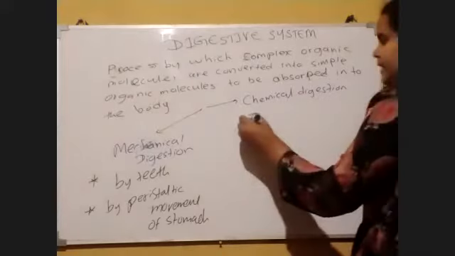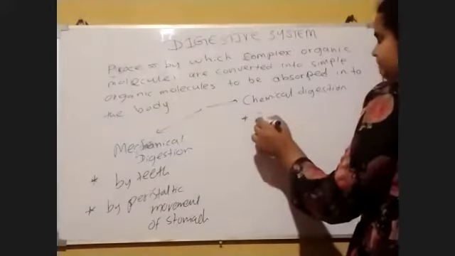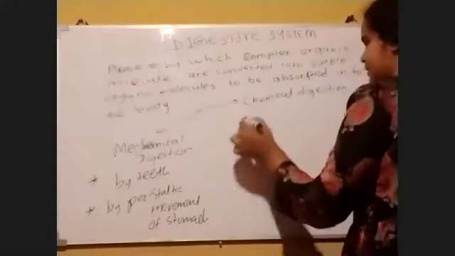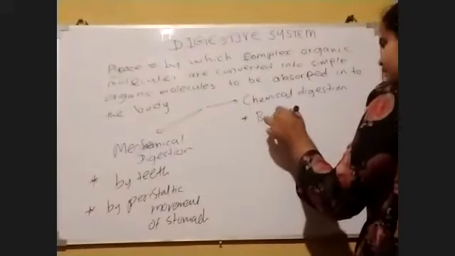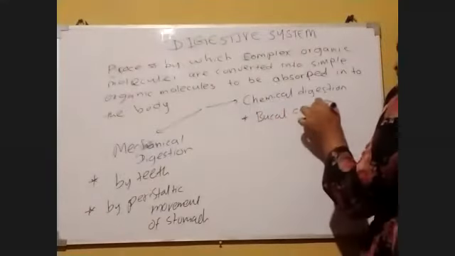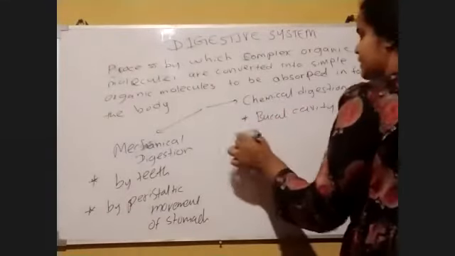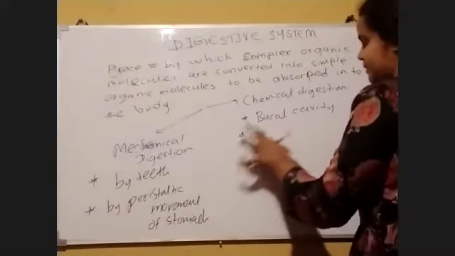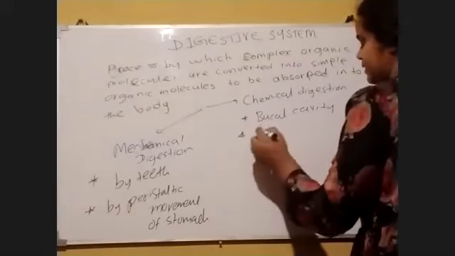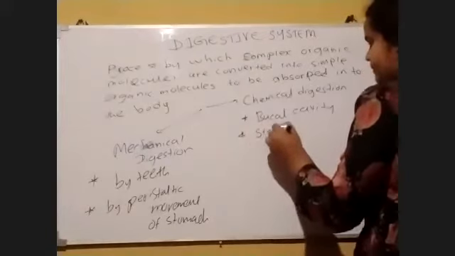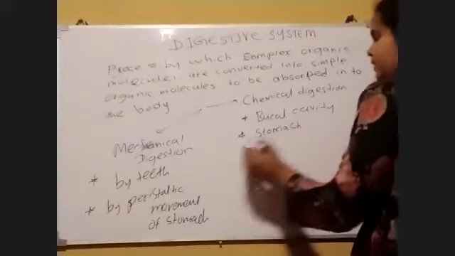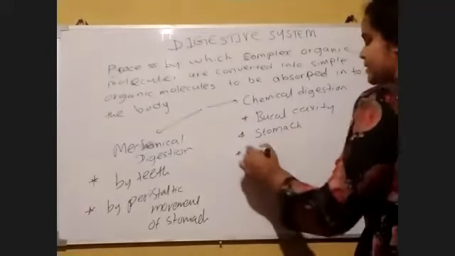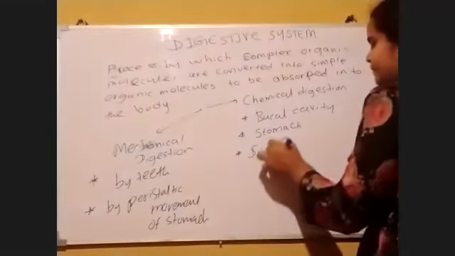First place is the buccal cavity. Then the second place is the stomach. And then the third one is the small intestine.